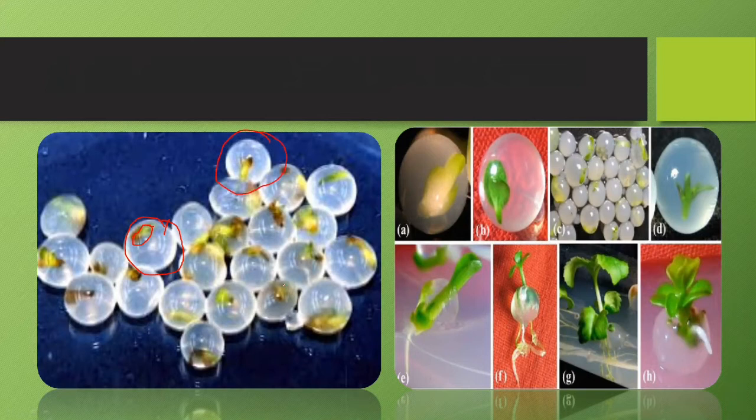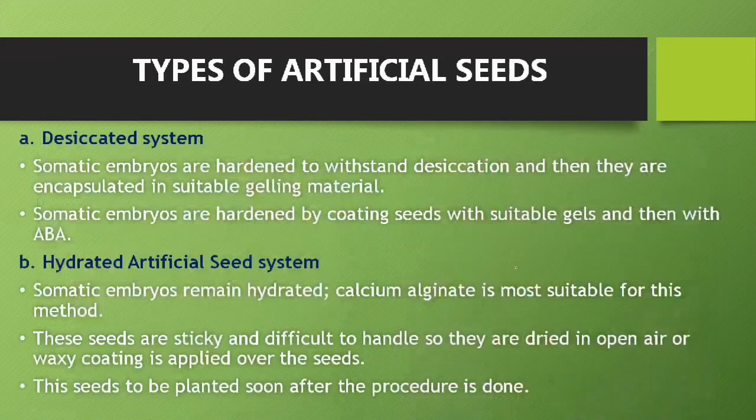In these figures we can see that these artificial seeds are germinating, in two ways, either by formation of shoots or by formation of roots, right? So this was all about artificial seeds.